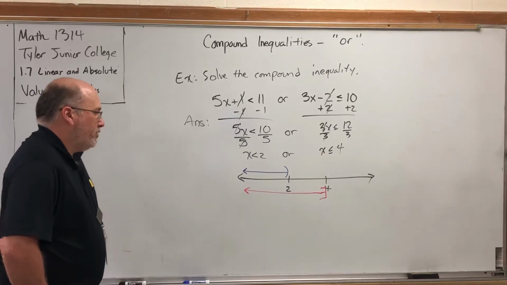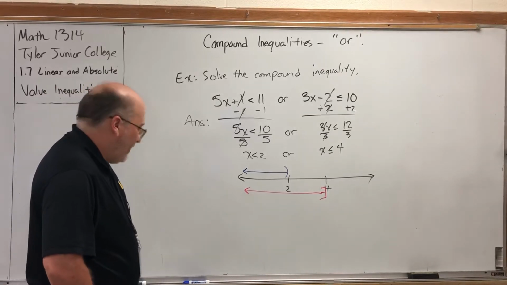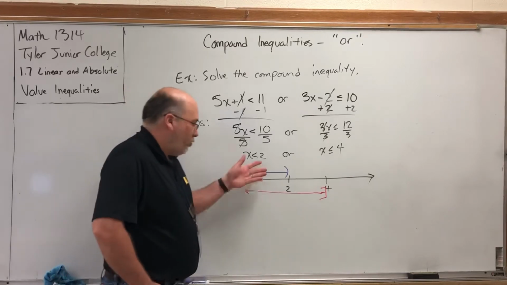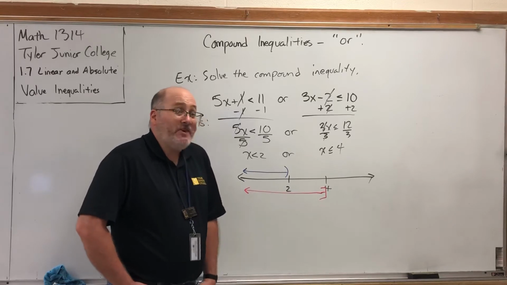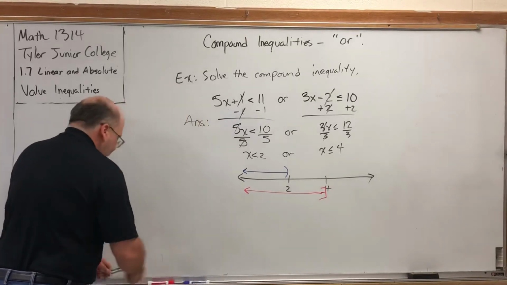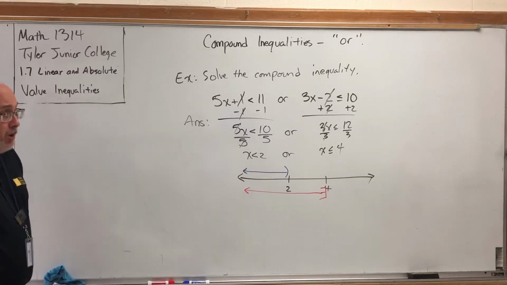So where are the numbers that belong to the red or the blue, or possibly both? Wait a second. We want numbers that belong to one or the other, or possibly both. That is the very definition of union. So before we finish this problem, let's go ahead and summarize how to solve a compound inequality with or.